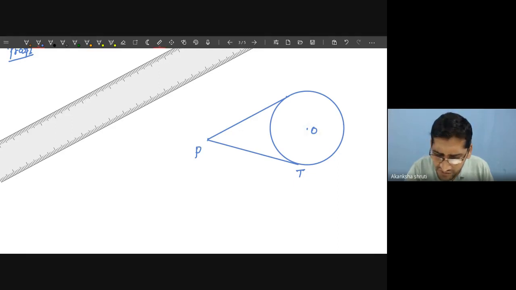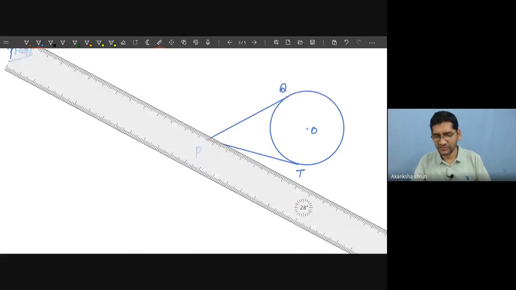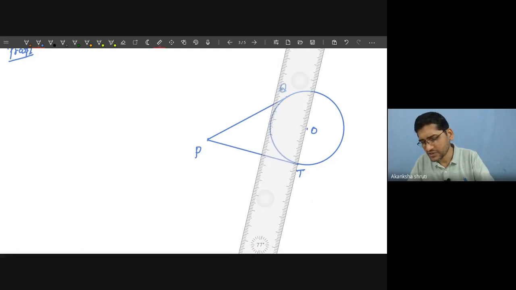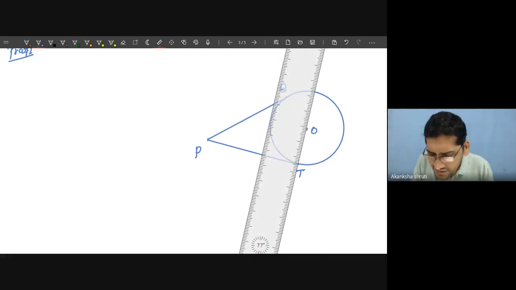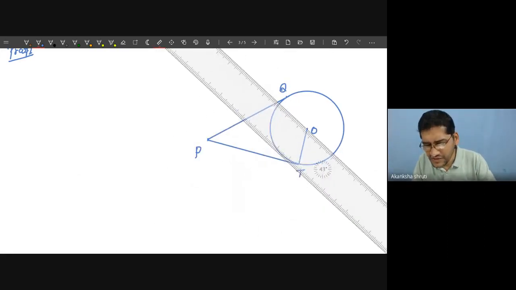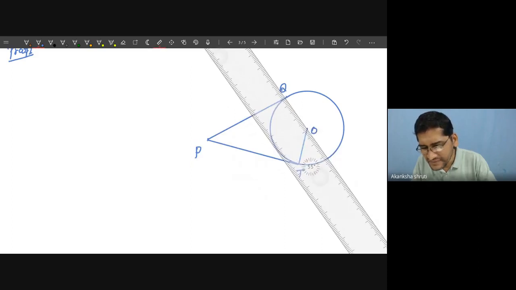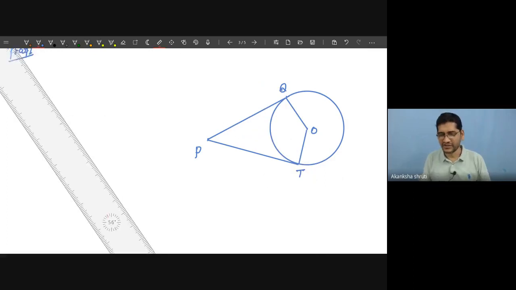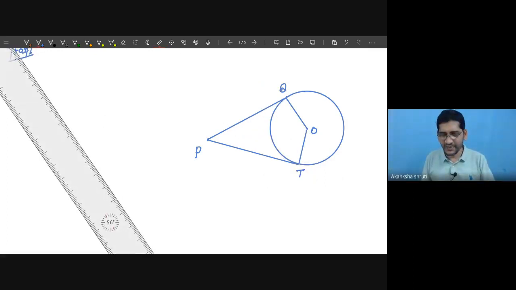And the other point is our Q. Now, you have to join the center to these tangential points. Join it. Since it is a tangent, what does it mean?